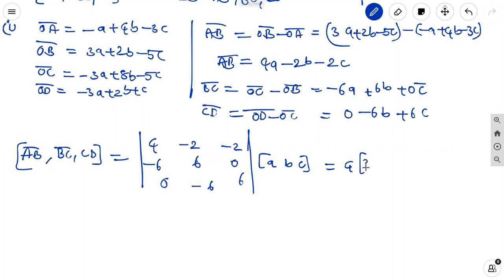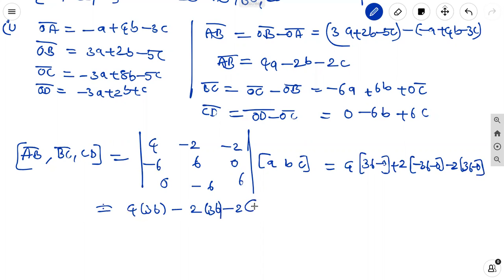It is equal to 4 into 6 times 6, which is 36, minus 0, minus into minus plus 2 into 6 times 6, minus 36, minus 0, minus 2 into 6 times 6, 36, minus 0. It is equal to 4 into 36 minus 2 into 36 minus 2 into 36. Taking 36 common, 4 minus 2 minus 2, it is equal to 0.